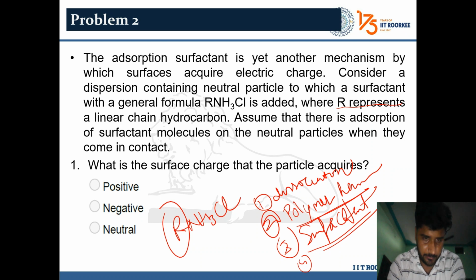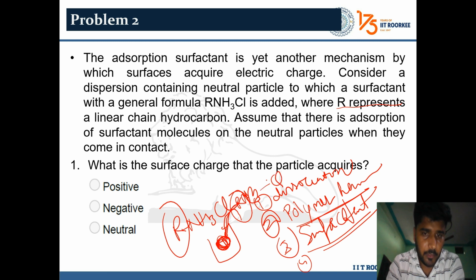If this is the particle and I have added this surfactant, this R moiety will be non-polar, so this end will set on the particle surface, and the remaining NH3Cl is outside the surface.